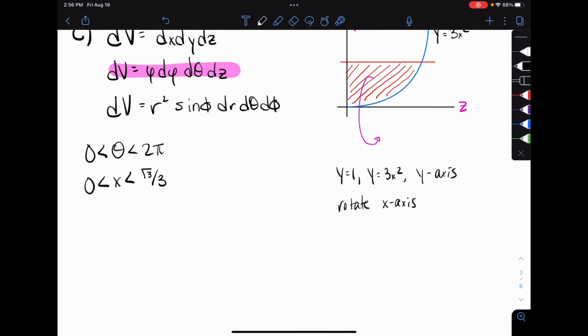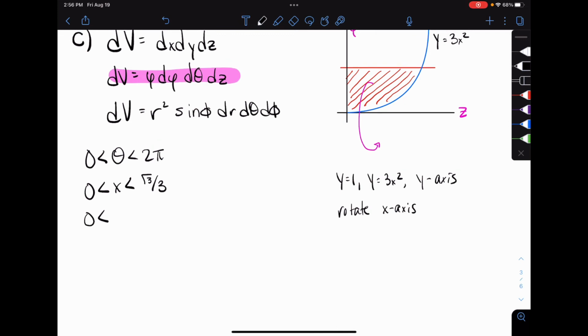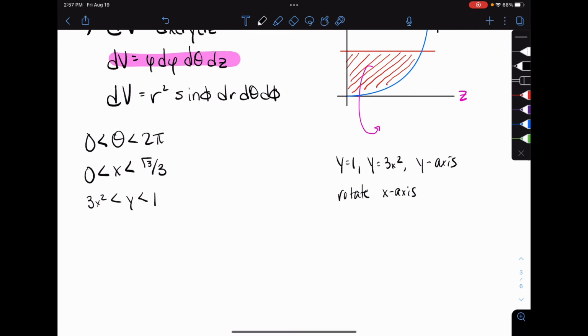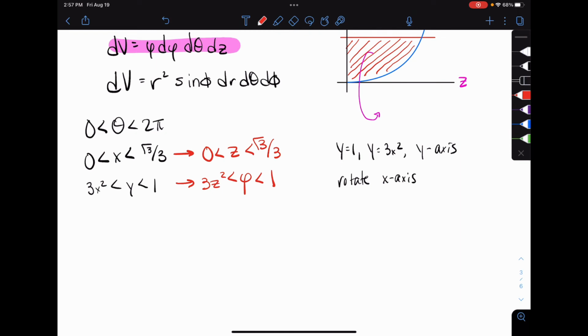And then our y integration is going to be from 3x squared all the way to 1. But now we're using different coordinate systems, so it has to be noted that x goes to z and y goes to rho. And these are going to be our limits of integration.